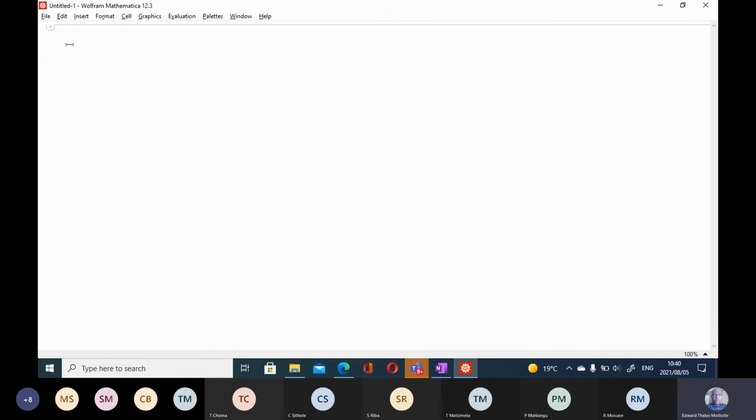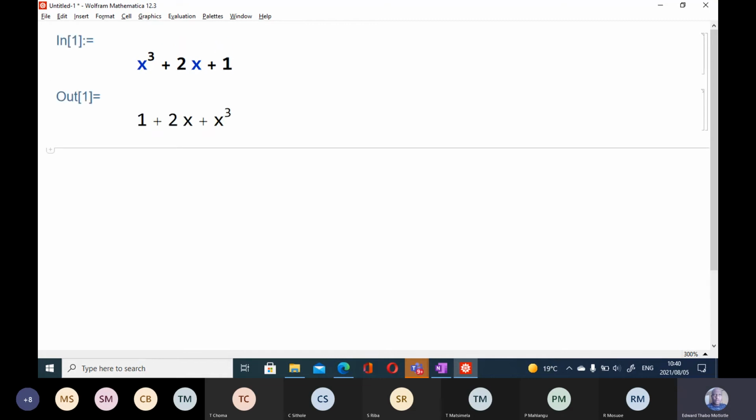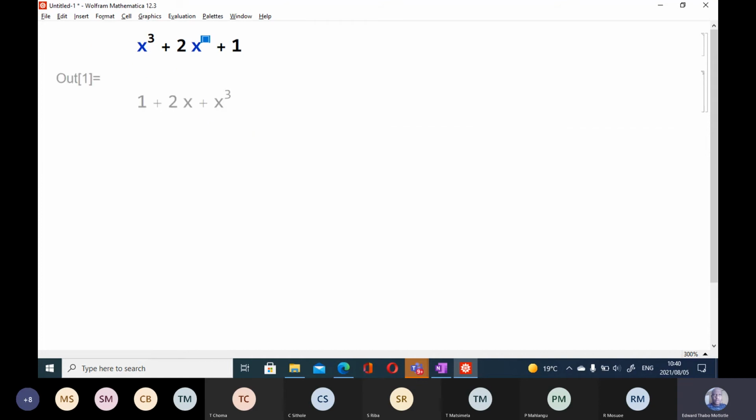Okay, you are given x to the power 3 plus 2x plus 1. I'll enlarge it for you to see what's going on. So this is the function that we are given.